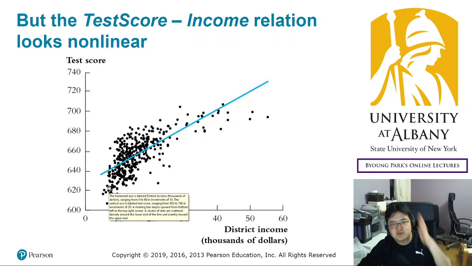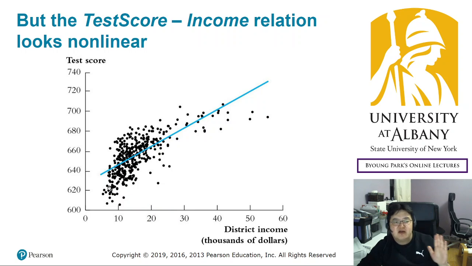So the effect is pretty steep. The additional $1,000 has a greater impact. However, think about a household who is already making $100,000. So I'm making $100,000 and I additionally get $1,000. Then my income increases by only 1%.